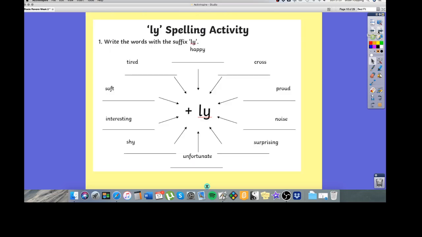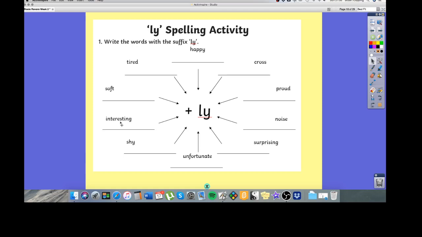Okay, so here's your activity. Here you've got some adjectives: tired, happy, cross, proud, noisy, surprising, unfortunate, shy, and interesting. Can you make them into adverbs by adding ly? So think.